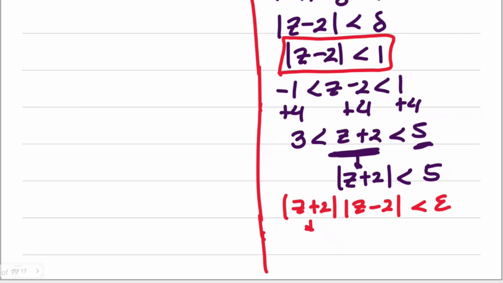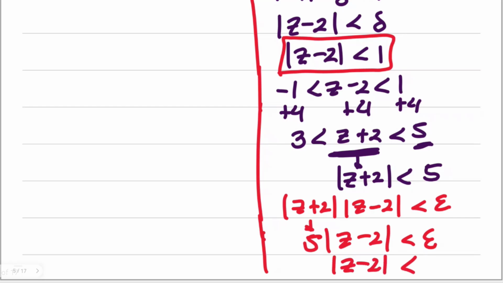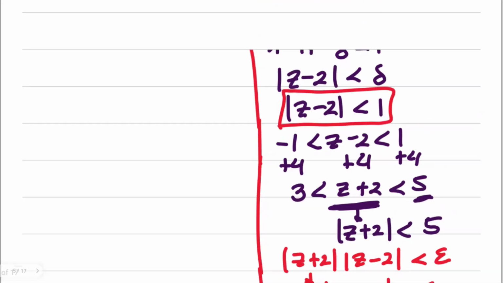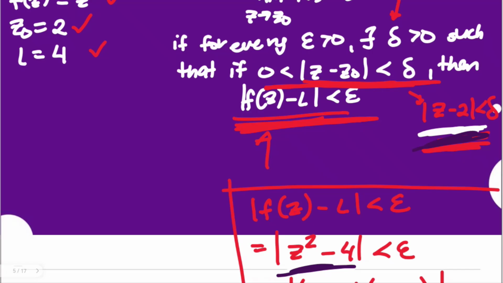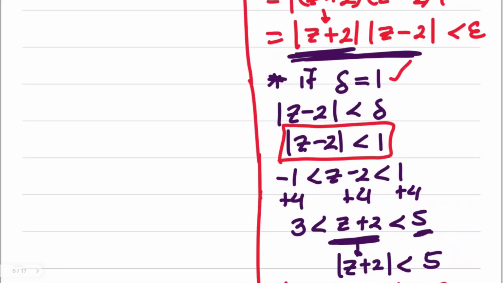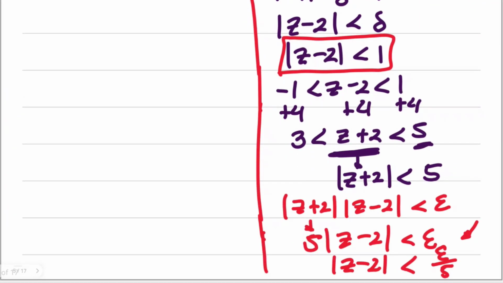This is actually less than 5, so 5 times the absolute value of z minus 2 is less than epsilon. So the absolute value of z minus 2 could be represented by epsilon over 5 as well, and this is again less than delta. So we have two representations for delta: 1 and epsilon over 5.